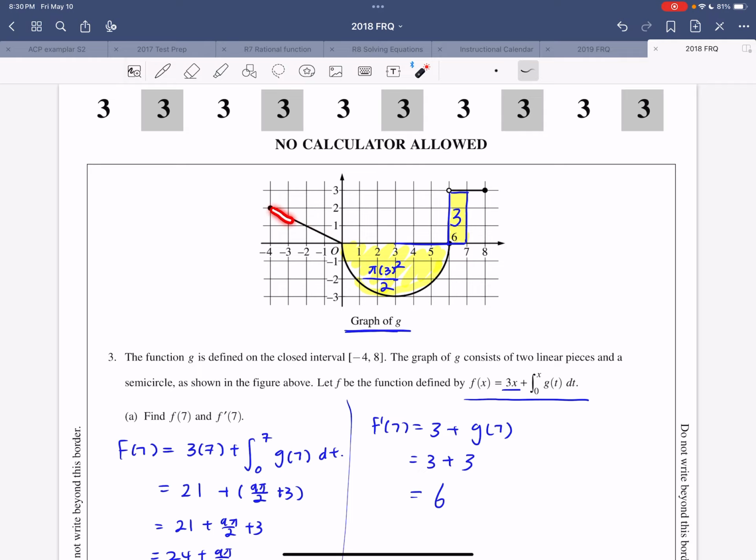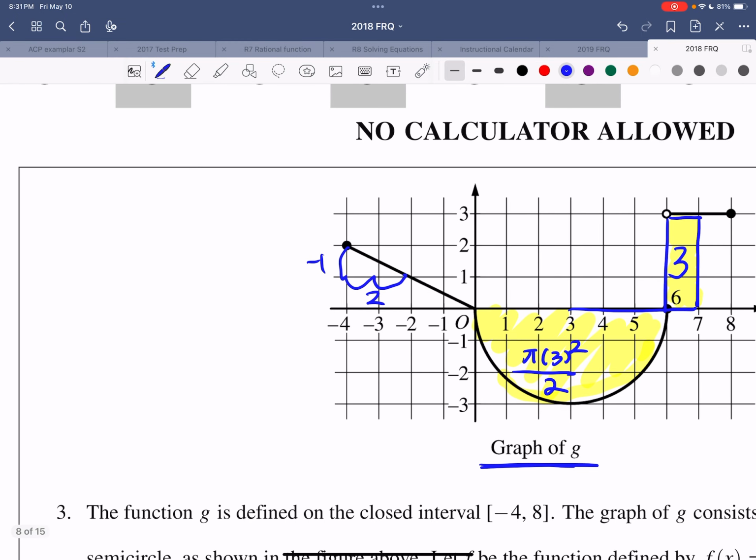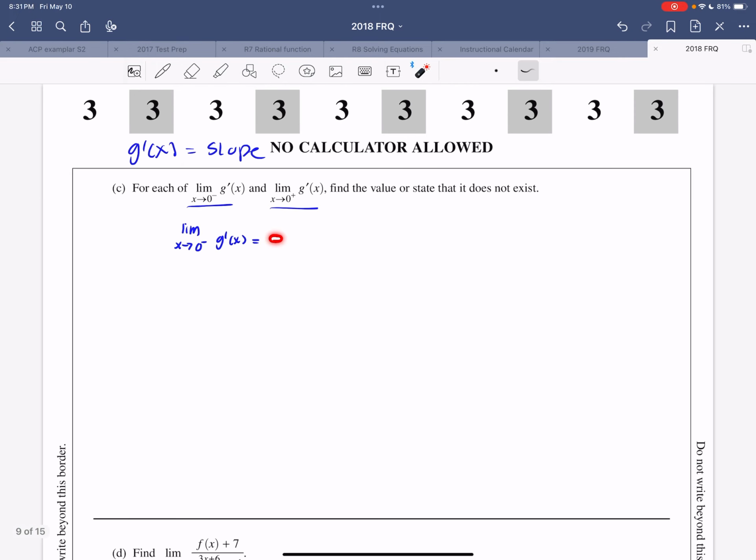Do you see this is a constant rate of change? So what's the slope? It's a rise over 1. 1 down, -1, 1, 2, 2. Therefore, slope at x is -1/2 when it comes from negative side, which is left. So this is equal to -1/2.